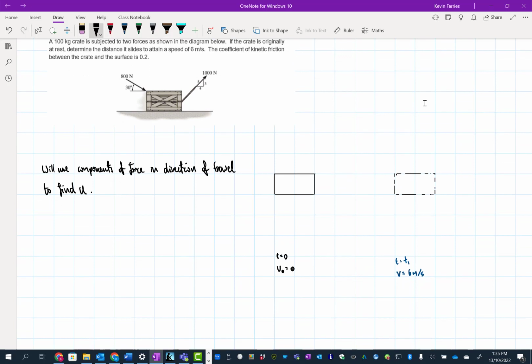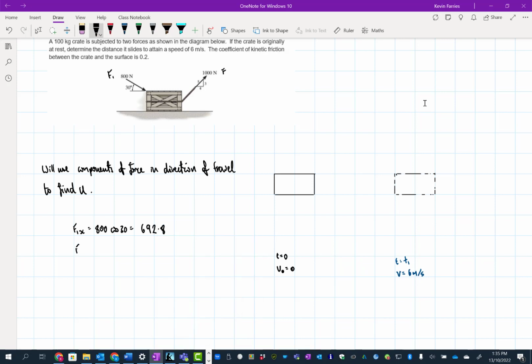So maybe I'll just call this one F1, call this F2. So F1x is going to be 800 cos 30, which is equal to 692.8.